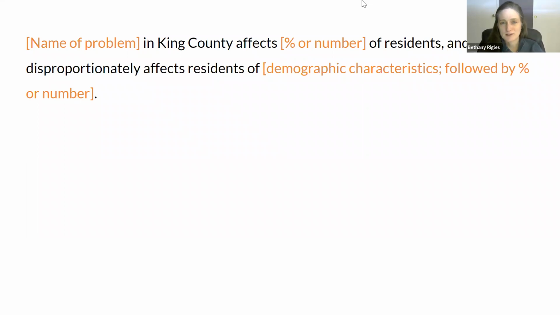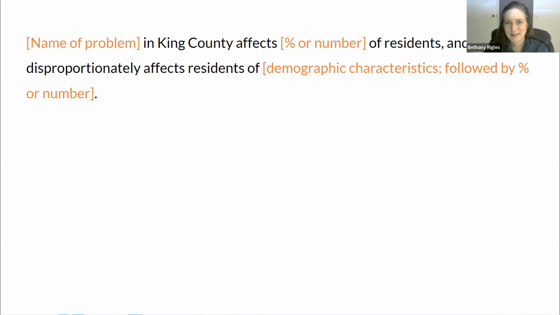If there's anyone brave that wants to call out a problem, we can all go through it together, either using chat or unmuting yourself, to just guess at percentages and numbers for the point of this exercise. But of course, when it comes to the real thing, don't guess with your data, use actual data.